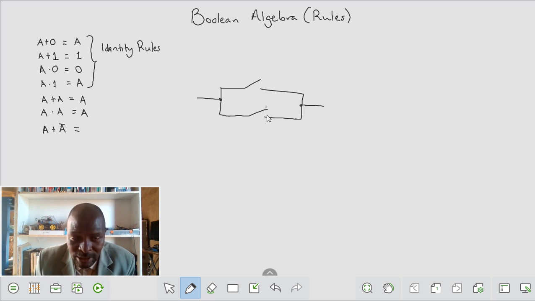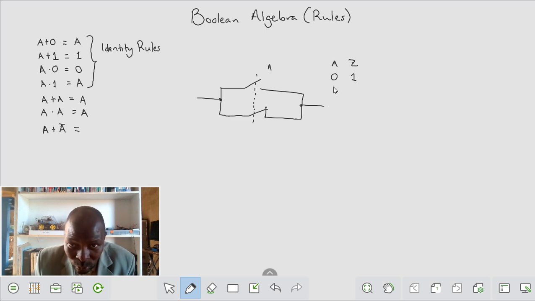We have a switch that has one control, but it controls two lines. If my switch A is on 0, that line is open, the other line is closed, and our output is 1. It's going to get power.